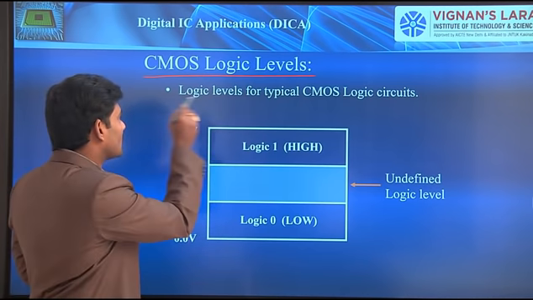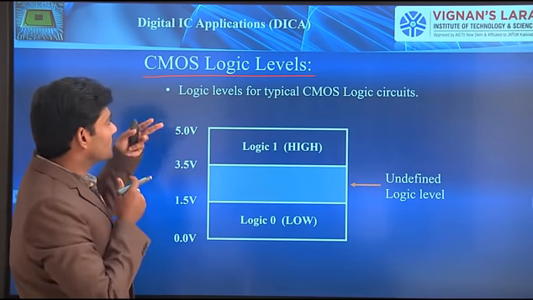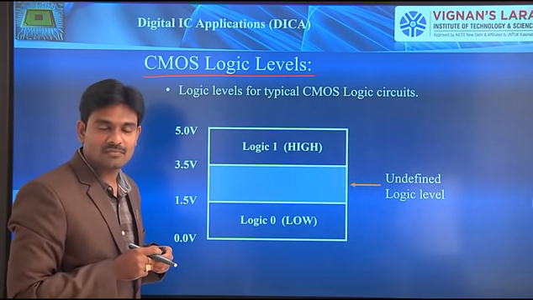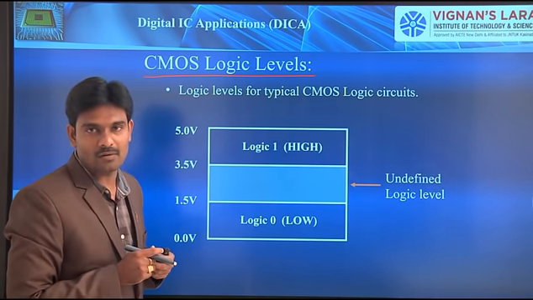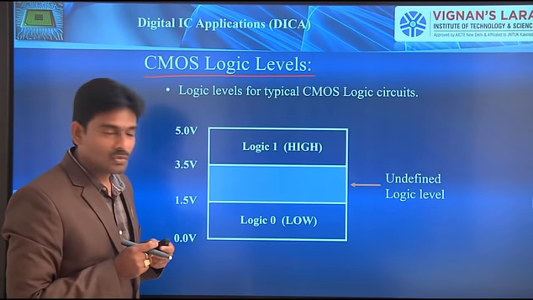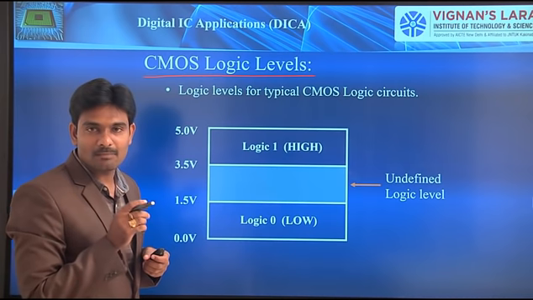Because of that, first we need to know the CMOS logic levels, and before defining them, we need to know the power supply voltage for the technology we are applying. In this case, we consider plus 5 volts as the power supply voltage.